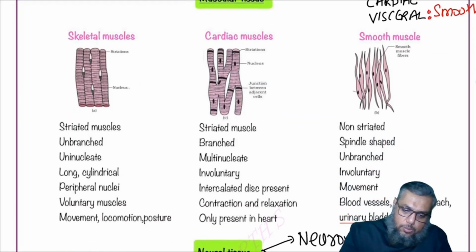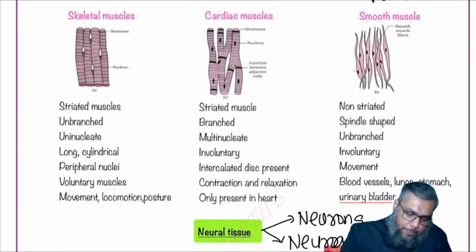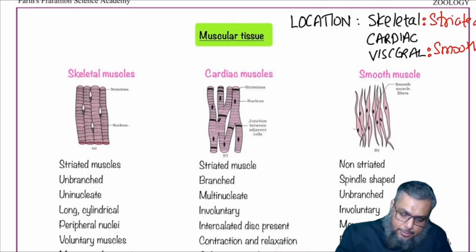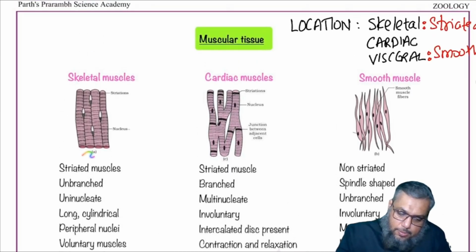So जो skeletal muscles होते हैं, जो first type हमने mention किया, उसके बारे में आपको पता होना चाहिए that the skeletal muscles, if you look at their cells, these cells are called muscle fibers.